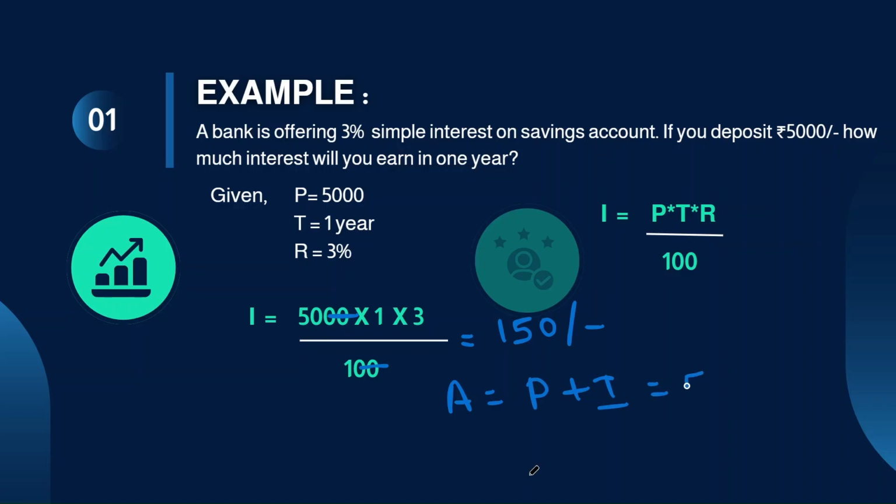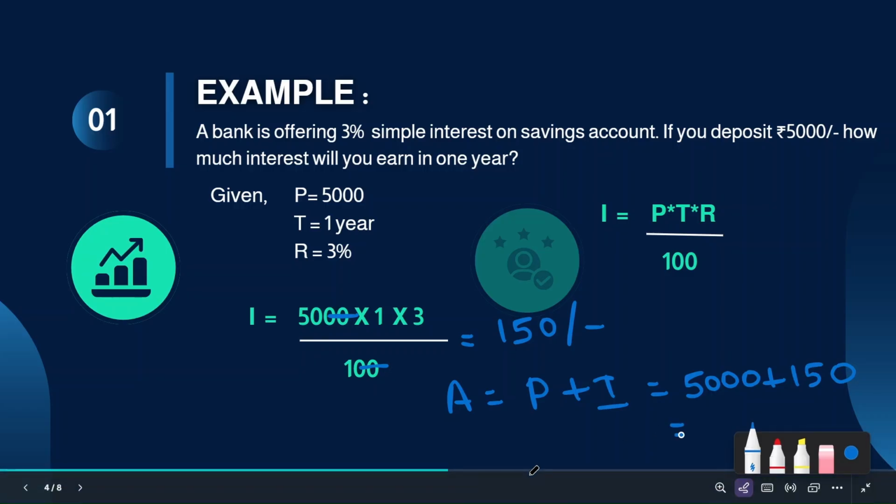That is equal to 5,000 plus 150, which is equal to 5,150 rupees. So at the end of the year, they will get 5,150 rupees.